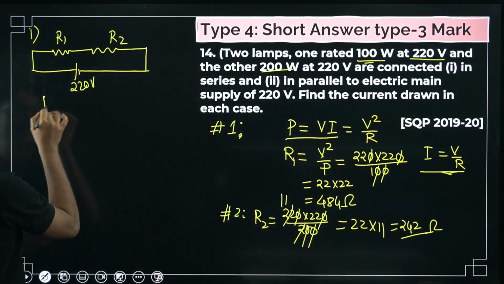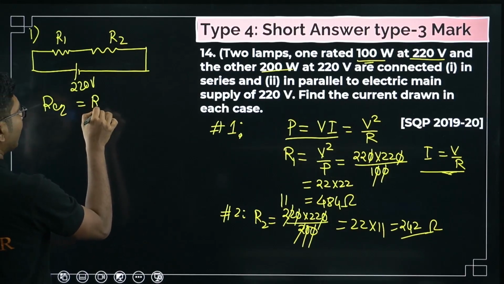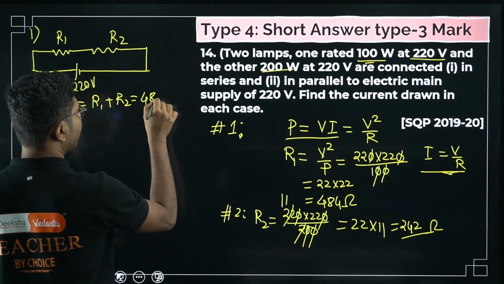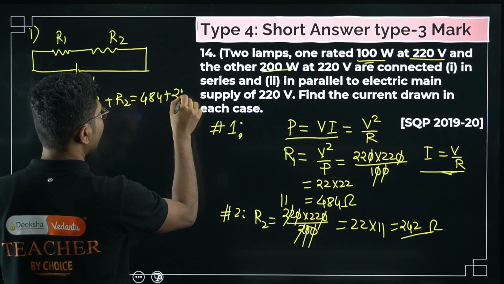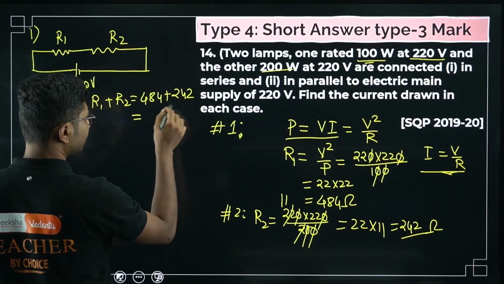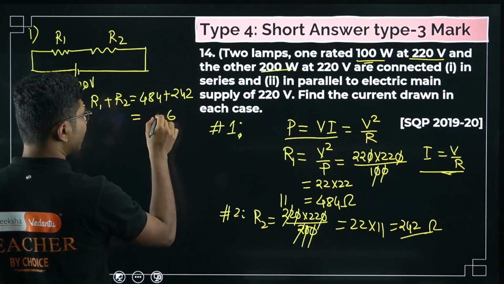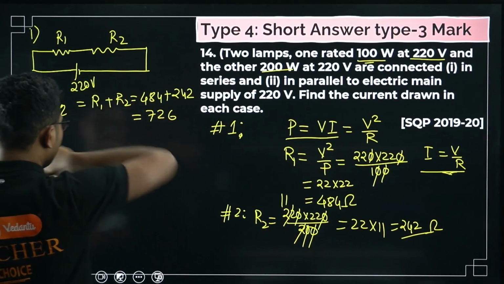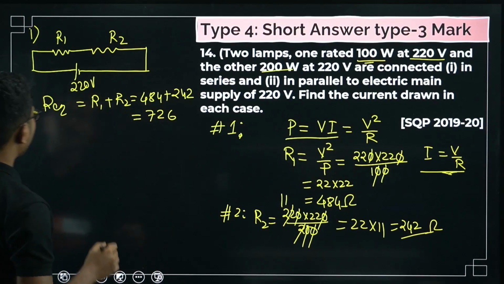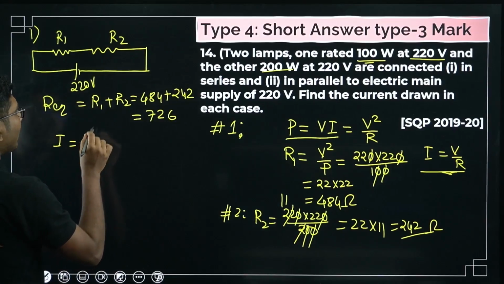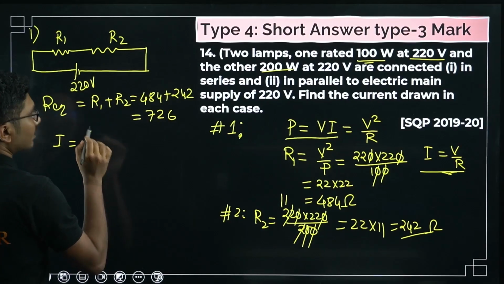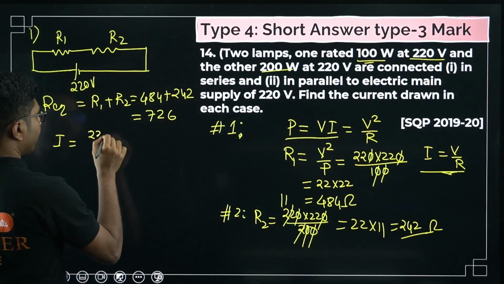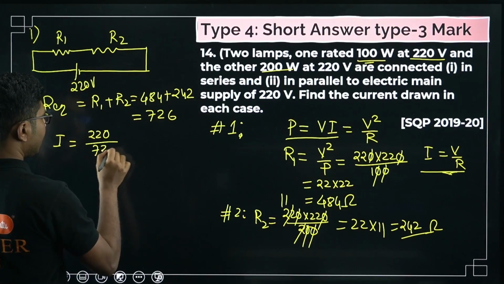Total resistance in this case is basically R1 plus R2, that is 484 plus 242, which is 726. So this is the R equivalent, and you can calculate the current by V by R. They have said find the current drawn, right? Current drawn is 220 volt divided by 726.